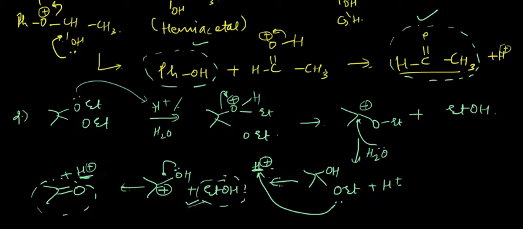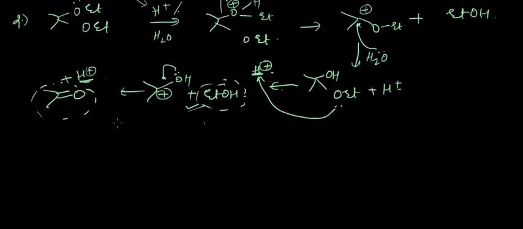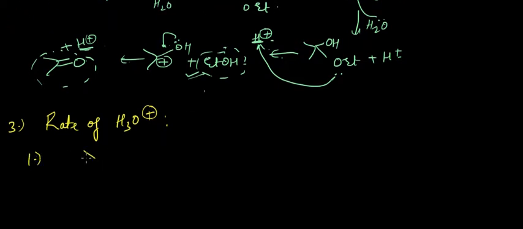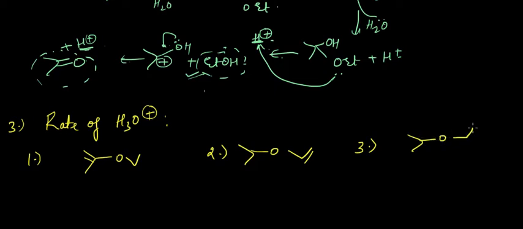Now let's compare certain compounds in the order of their rate of hydrolysis in acidic medium: this one, second is this one, and third is simple, with no double bond.